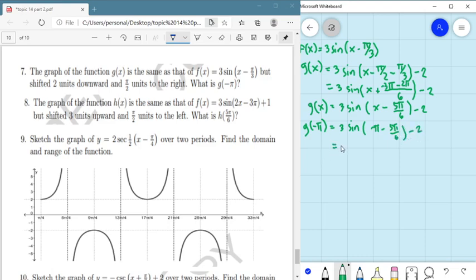Okay, so therefore we have 3 sine of, also the LCD again is 6 divided by 1 is 6 times negative pi is negative 6 pi. Then copy negative 5 pi minus 2. So it would be the same as 3 sine of negative 11 pi over 6 minus 2.